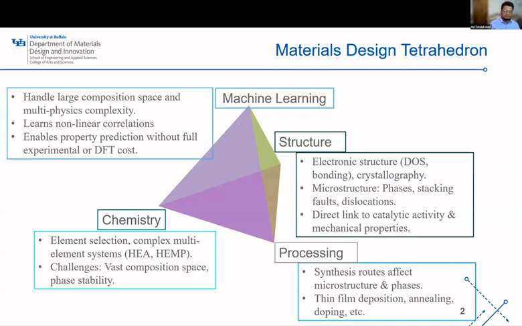For example, we look at how chemical composition and electronic structure affect microstructure and mechanical properties. Then we use machine learning as the central tool to connect these areas and handle large-scale compositional space and multi-physics complexities, and also learn nonlinear correlations and enable property predictions, for example, yield strength and ductility prediction for high entropy alloys.